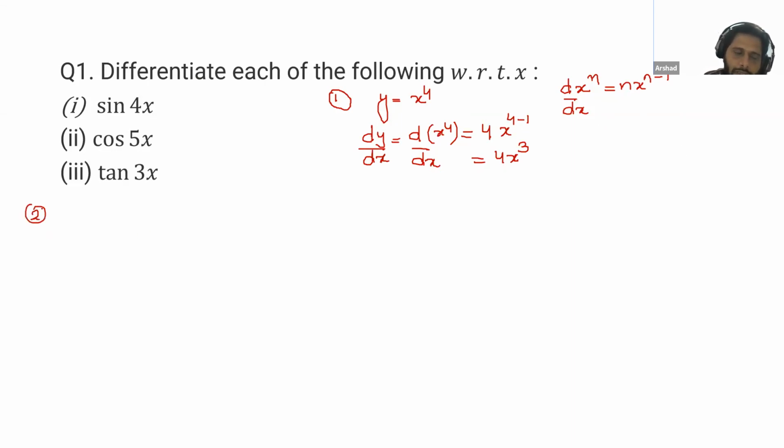Please try this one. Y is equal to x to the power 8. Please tell me this answer. If you wish, you can unmute yourself and tell me the answer. Abdul, very good. This is correct.